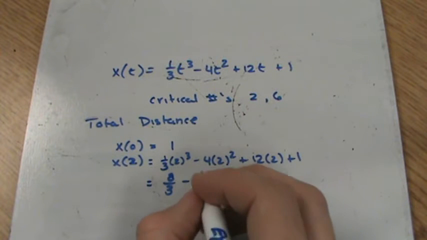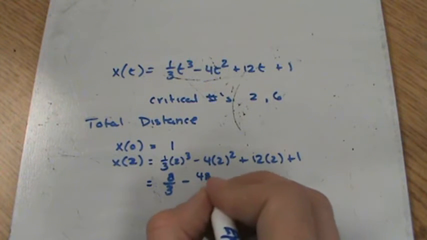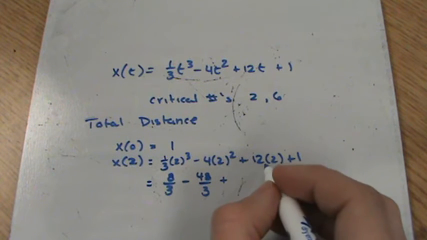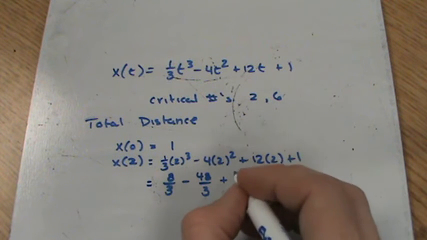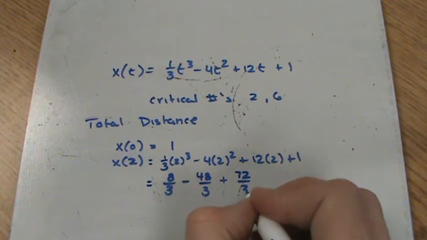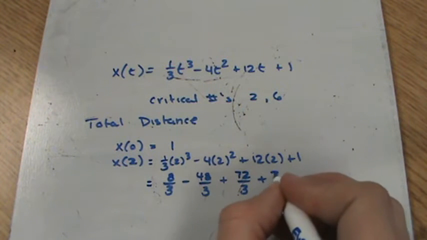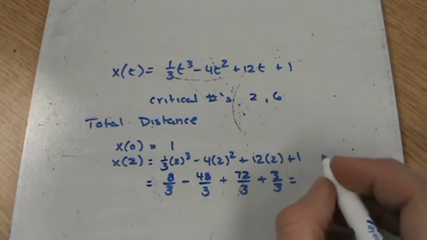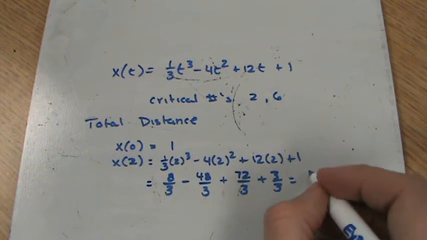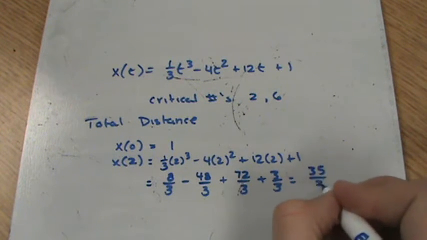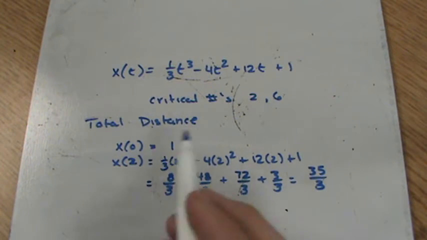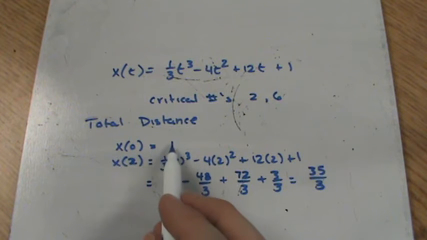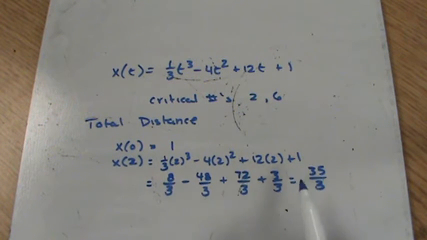Well, 16 over 1 could become 48/3. This is 24. So 24 times 3 is going to give us 72/3 plus 1 is 3/3. All right, we get negative 40 plus 75 is going to give us 35/3. So from 0 to 2, for time, it traveled from 1 to 35/3.